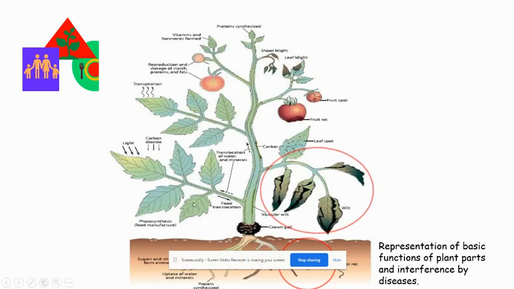The normal leaf is responsible for the normal function of photosynthesis and transpiration; here in diseased leaves it is adversely affected and photosynthesis is considerably reduced. If disease affects the fruit system of the plant, you can see the deformation in the shape of the fruits and also in the nutritional quality of the fruit.